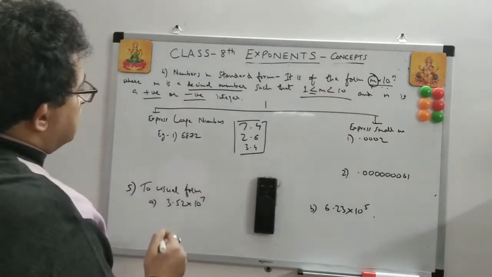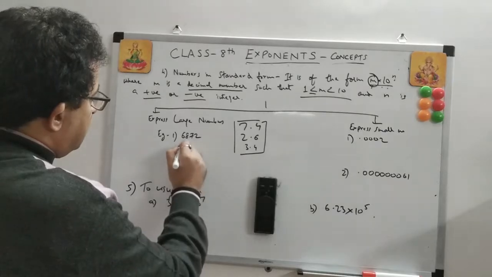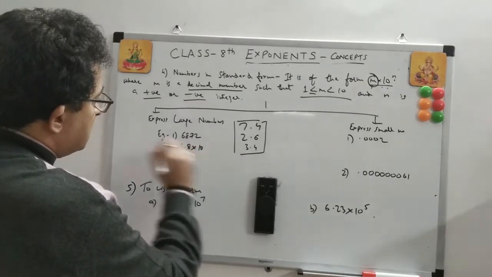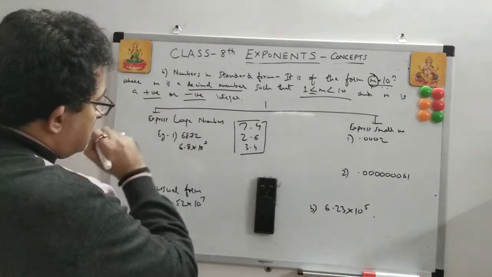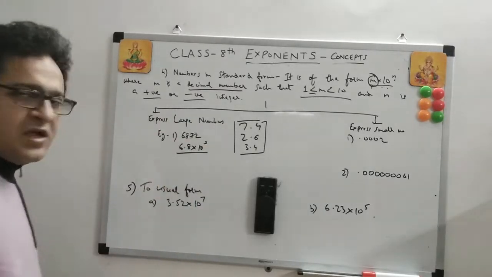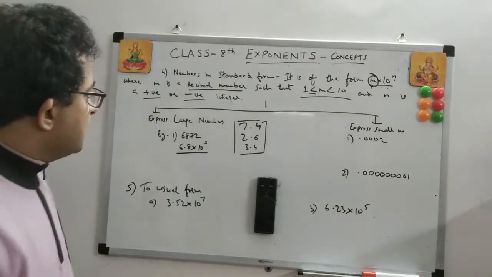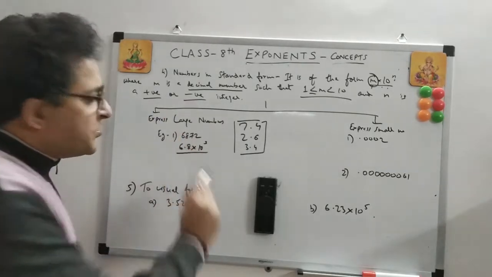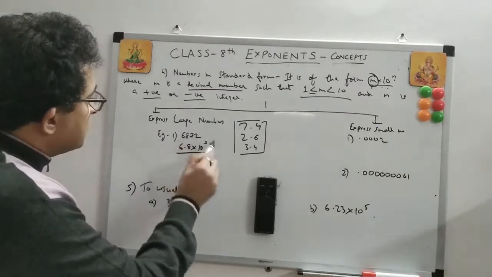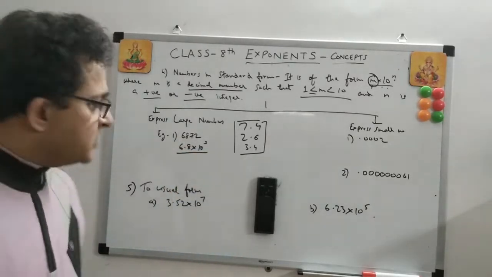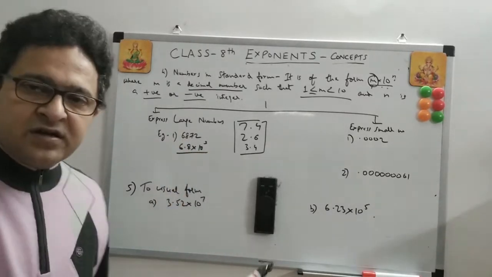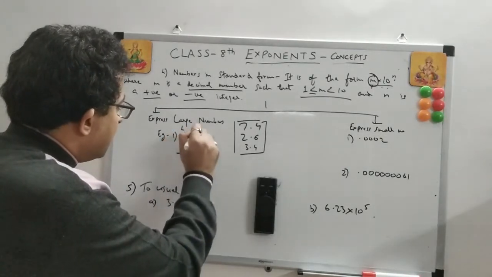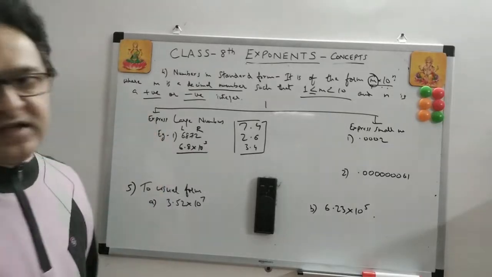So let's take this as 6.8, because we have to convert to a standard form, into 10 to the power 3. This is the standard form. I'll explain it, very simple. Count the number of digits: 1, 2, 3, 4. Now put a decimal point starting from the left going to the right, after one digit.